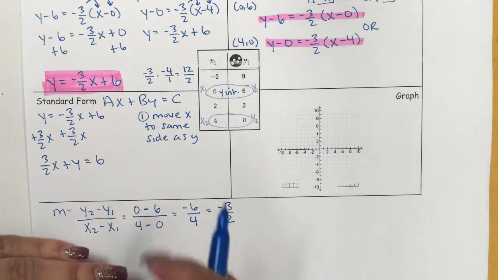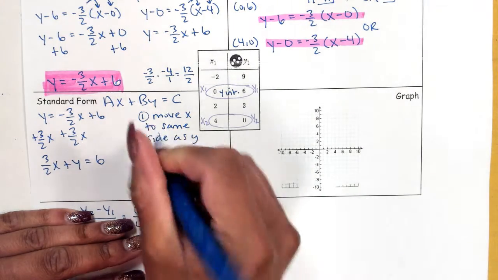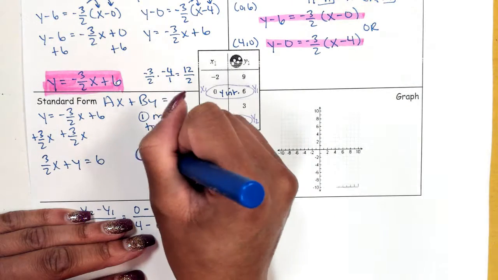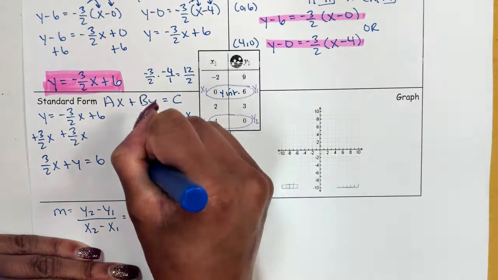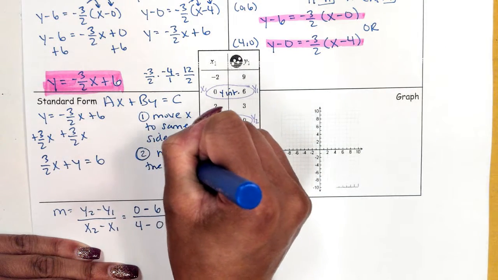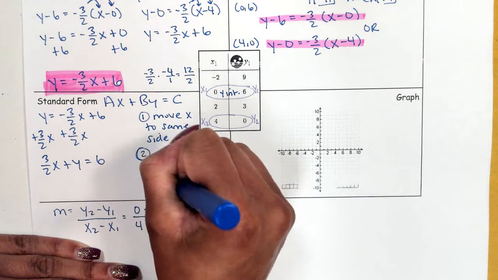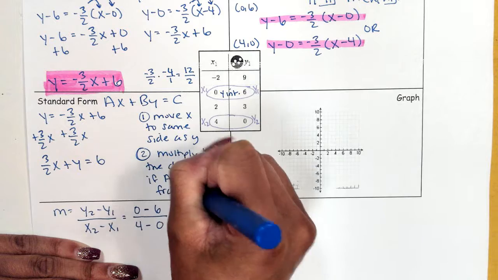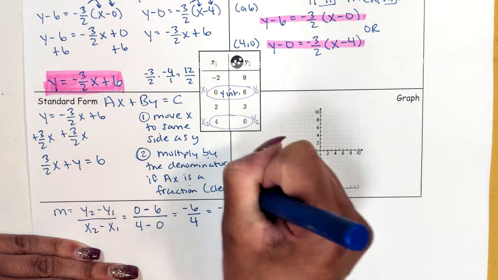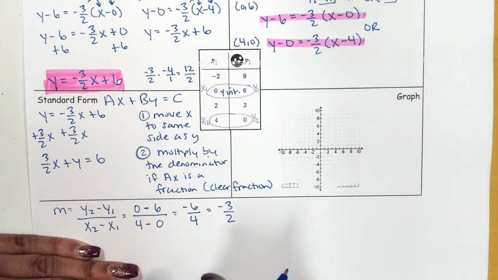So if a can't be a fraction, how do I clear the fraction? So here's, for this part, you're going to multiply by the denominator if ax is a fraction. This is also known as clearing the fraction, and you've done this before. So we're going to clear the fraction.